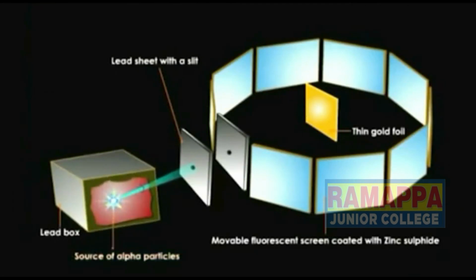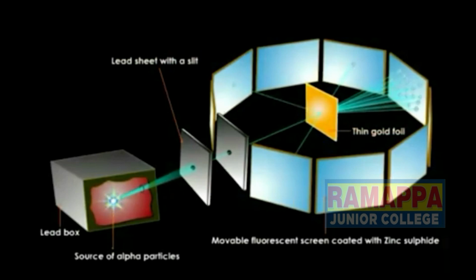to pass through lead plates which have some slits, and these alpha rays were allowed to fall on a thin gold foil. Around the gold foil, a circular screen was arranged to identify these alpha particles. This screen was coated with zinc sulfide.